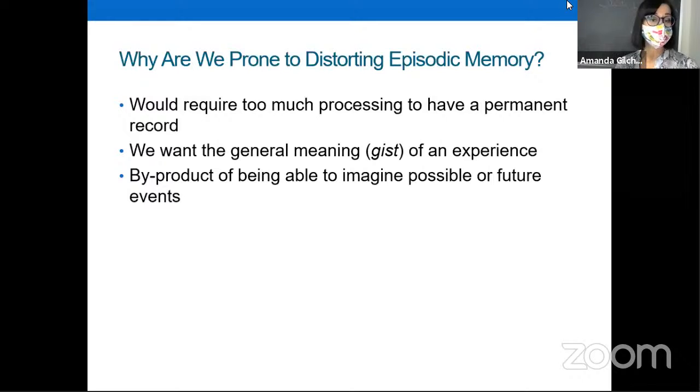Zoom keeps closing and the connection is really bad. Let me write this down. I'm doing YouTube live for this, so if Dr. Gilchrist has all of the angles covered.